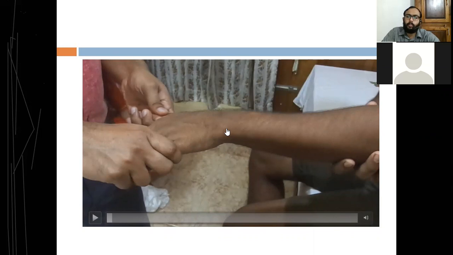In 50% cases of Colles fracture, there will be ulnar styloid process fracture, which won't be united. In a small number of patients, there is a chance of tendinitis in this area after 2 to 3 years of injury.